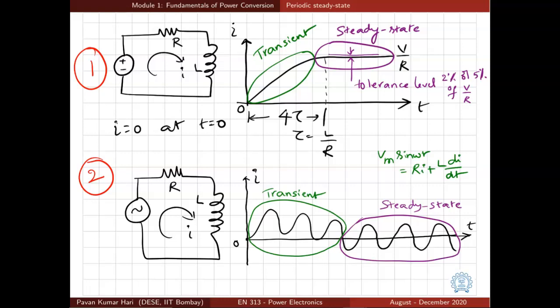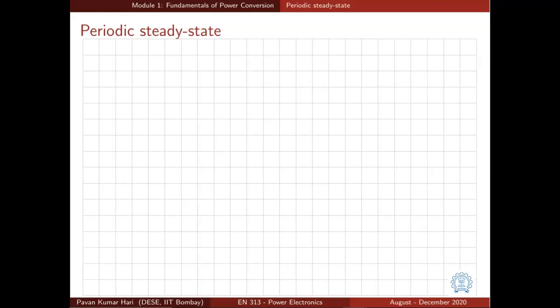However, in power electronic circuits, the currents and voltages are time varying for sure, but not necessarily in a sinusoidal manner. So we need to have a more generic definition of steady state here. We define something called periodic steady state, where all the voltages and currents are periodic functions of time.